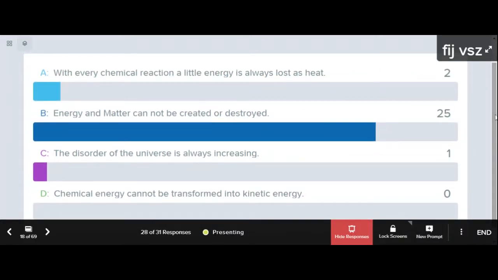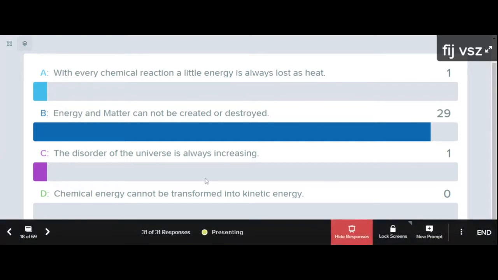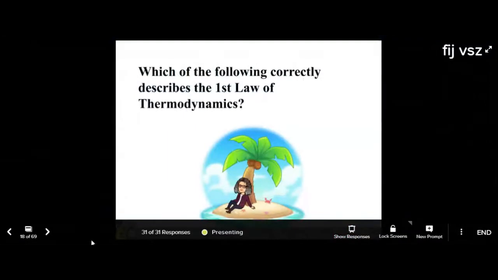So the first law is about conservation of energy and matter, right? So that would be B. Energy and matter cannot be created or destroyed is the right answer here. A and C are the second law, which we'll get to in a second. So good for you if you got that right off the bat. The next one.